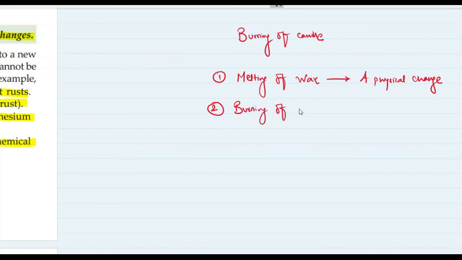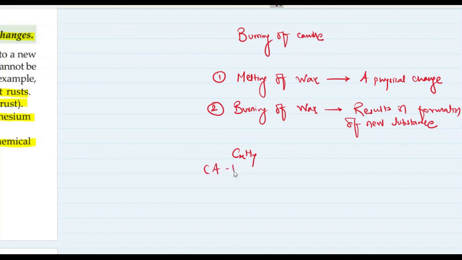Burning of wax results in formation of new substances. See how. Candle is an organic compound, a carbon compound. Its chemical formula is written as CxHy because it's a hydrocarbon.